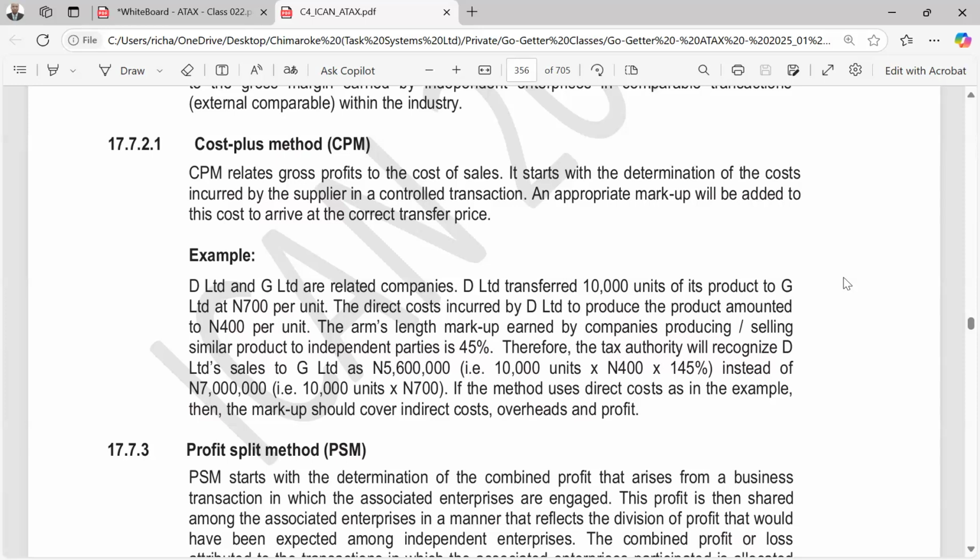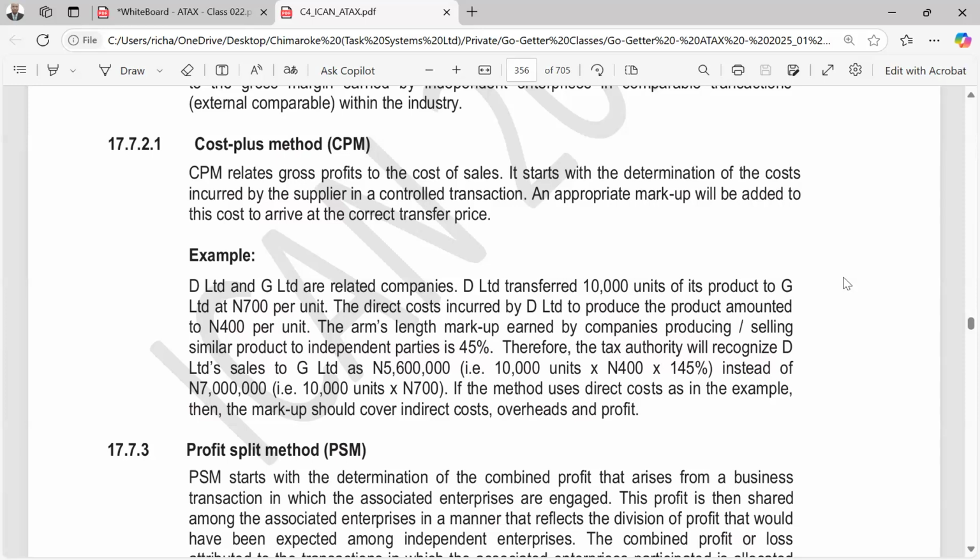So the tax authority will recognize D Limited to G sales as 110,000 units. And look at it here now. Your cost is 400. Now you want to have a markup. Multiply it by 145% or 1.45.